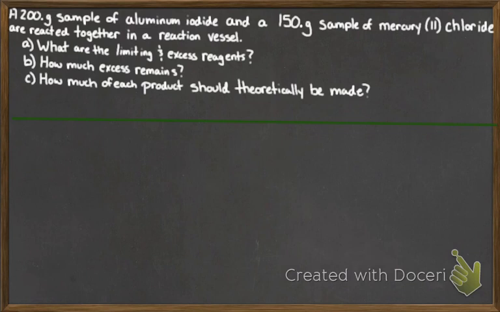So same thing as the other three that we've worked so far. You're looking for the limiting and excess reagents, determine how much of the excess reagent remains, and theoretically how much of each of your products should be produced. So at this point, pause the video, make sure that you got your moles calculated out correctly.